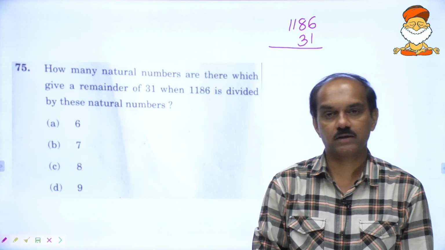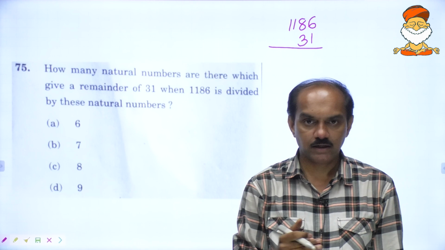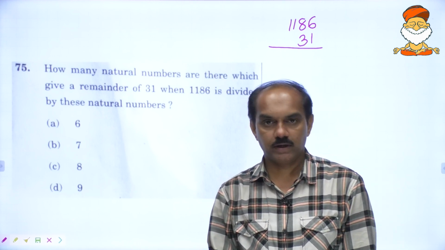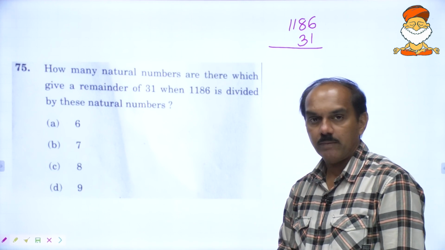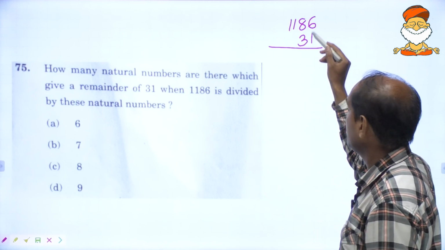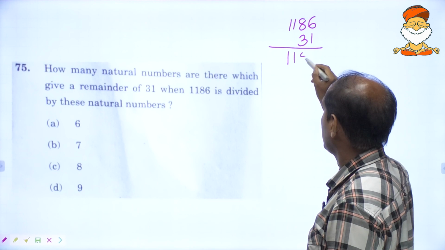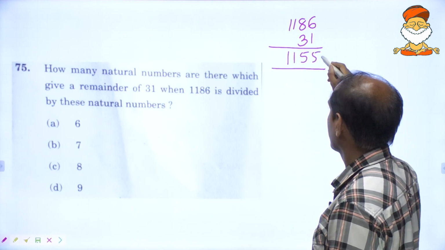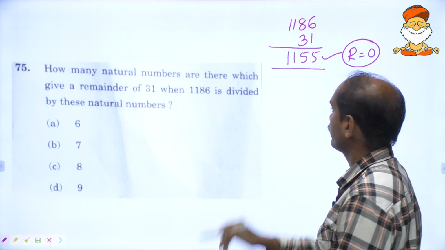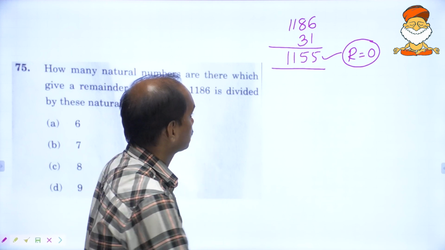If you want the remainder 31, then the number which is less than 31 should be completely divided, no remainder. If you don't want any remainder, then let's go for 1186 less 31. Here you will get the remainder 0.